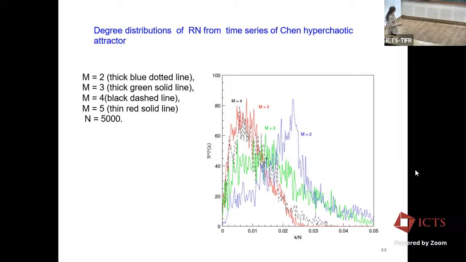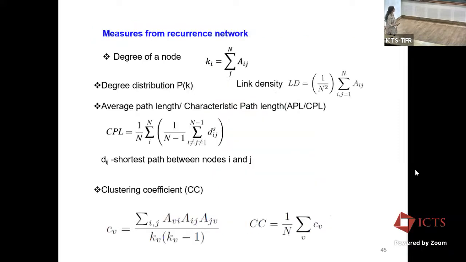You see, as you increase the dimension, the degree distribution shifts. And when it reaches the actual dimension 4, the 5 also is on top of it. So the distributions are not changing beyond the proper M. If you have got the proper M, you know for sure that it is the proper M, because an increase in M will not change the degree distribution further, and the information that you get from the network very much depends on the degree distribution.